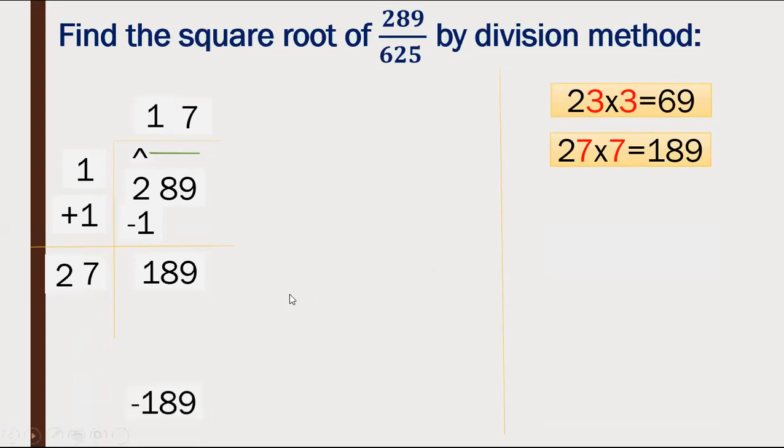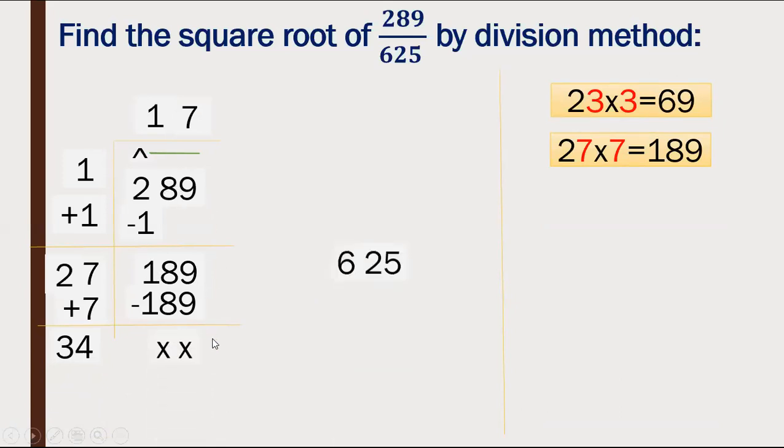Excellent. So here 189 minus 189 will be cancelled, and on the left hand side, we are going to add 7 over here. So, right, we get 34 here in the left hand side. So the answer of 289 is 17.